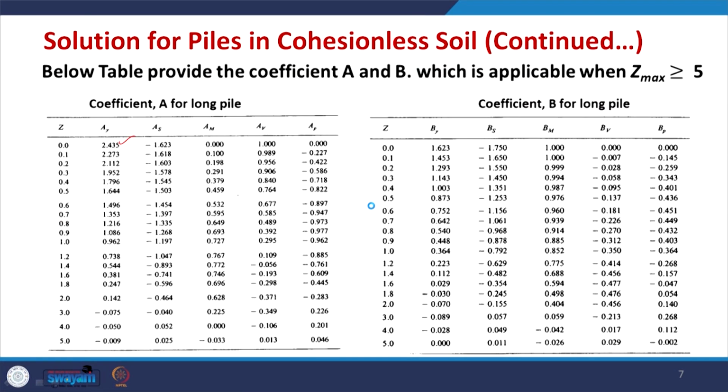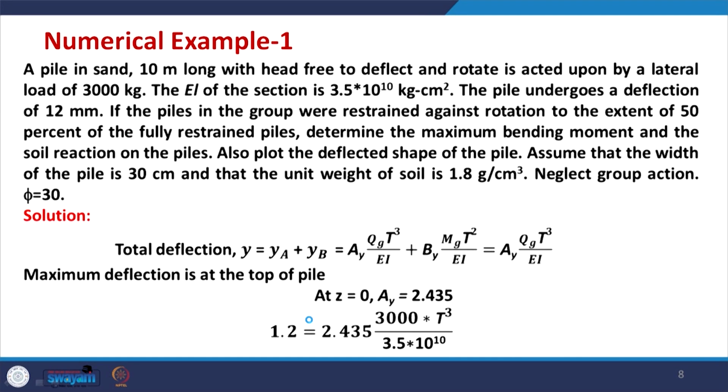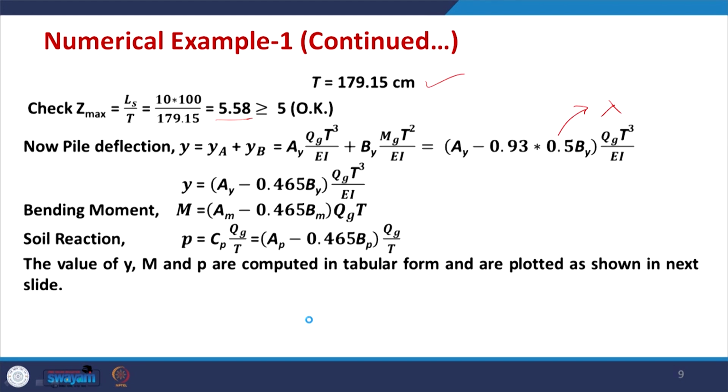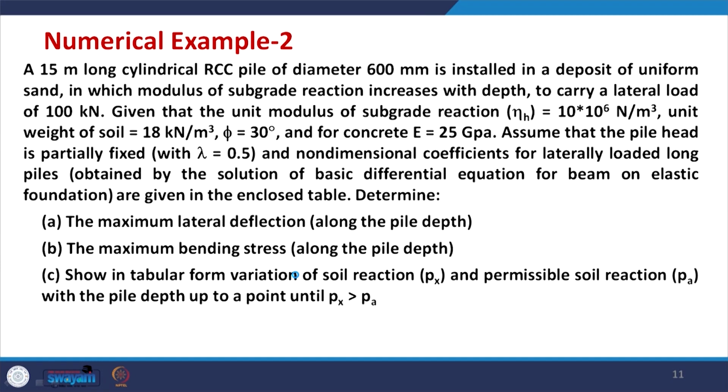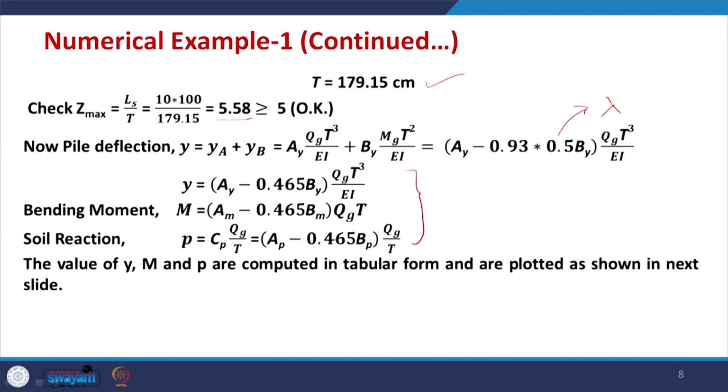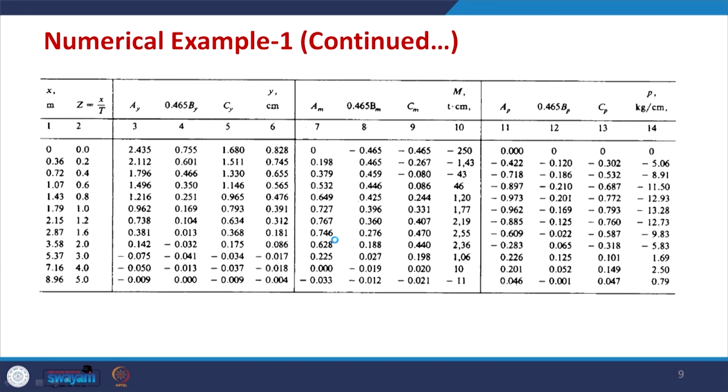Ay is varying with the depth, By is varying, then Am, then Ap, then Bp is varying. Once they are varying, the rest of the calculation we can do in tabular form. So, the calculation is done in tabular form as shown here. This is the case when lambda is equal to 0.5, not fully restrained, that means partially restrained.